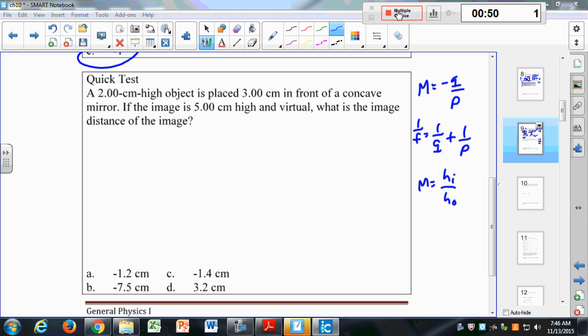Think about what these things tell you about the orientation of the image and the signs for these various quantities.